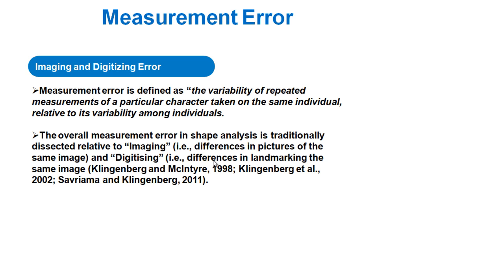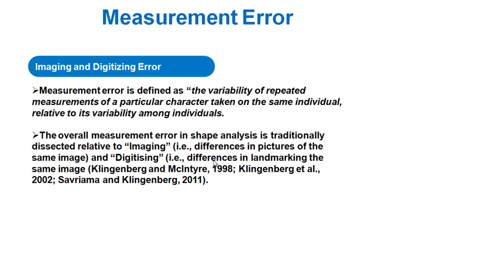All right, because the process of extracting landmark coordinates will always be associated with some degree of measurement error. This can result from inconsistent tilting of specimens relative to the plane of digitization, or non-coplanarity of landmarks, or difficulty in pinpointing the landmark locus, or even a difference in illumination or focus.